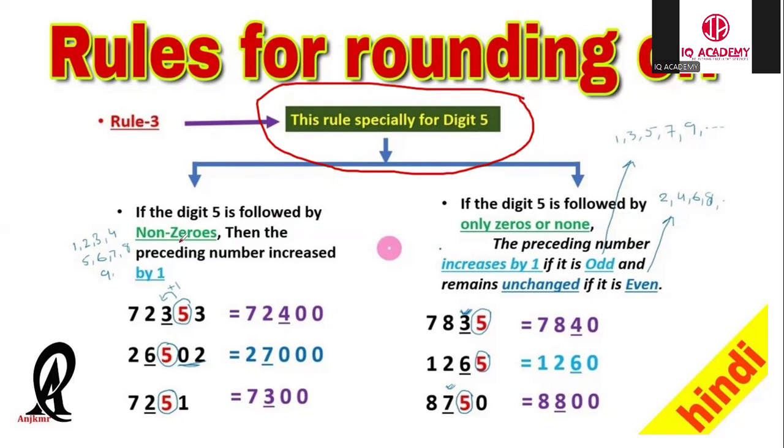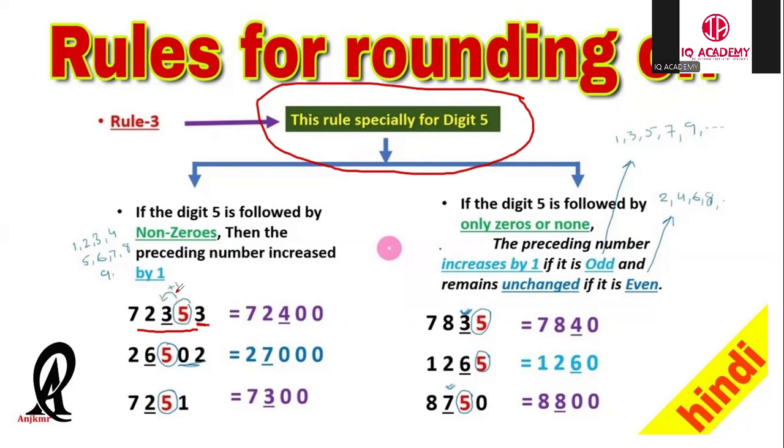If the digit 5 is followed by non-zero numbers, then the preceding number increases by 1. For example, in this one here, after the 5 we have a 3, which is a non-zero number. So if this 5 is followed by a non-zero number, the preceding value will increase by 1.